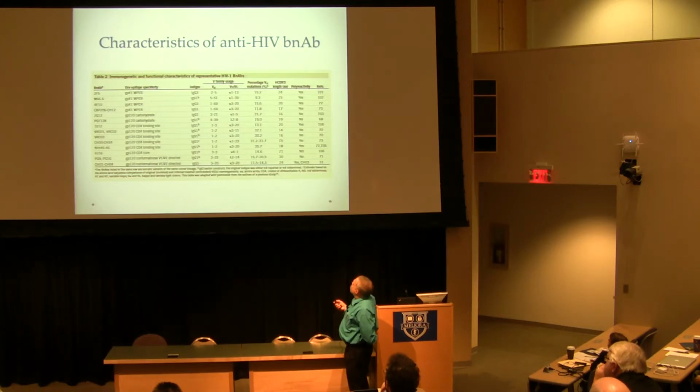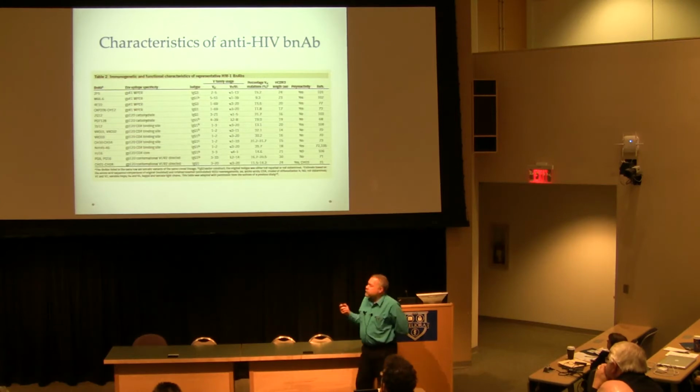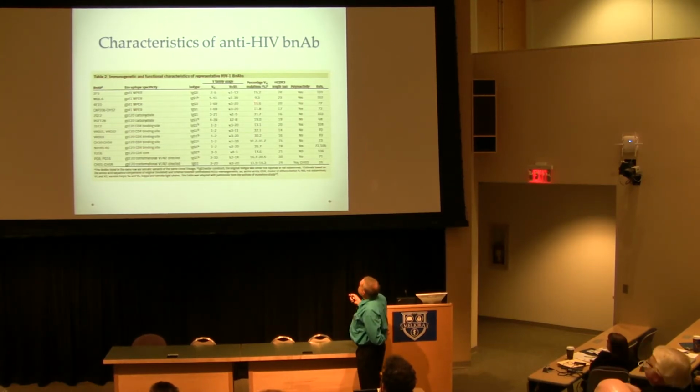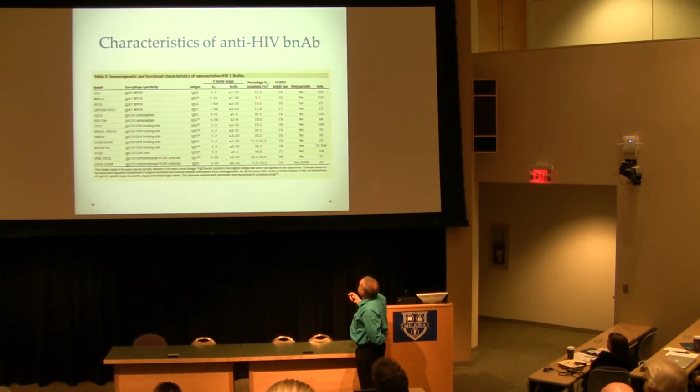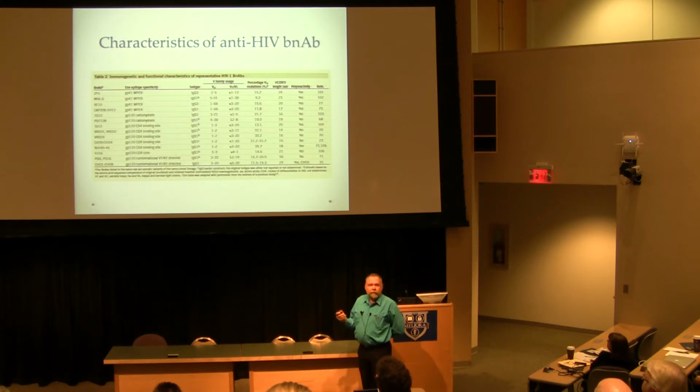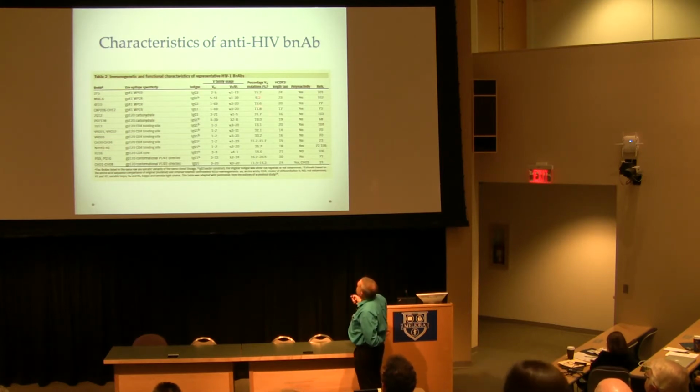And I want to point out one thing in particular. This is the percentage or the frequency of mutation in these antibodies. So the lowest we see here is 9.3%, and that's not a particularly potent broadly neutralizing antibody, by the way.